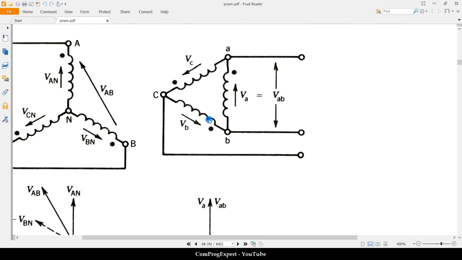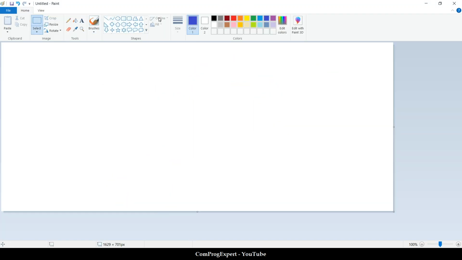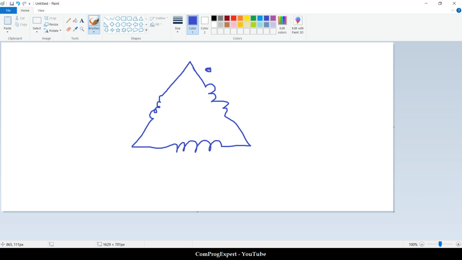You know this concept. If we have this delta connection, these three coils, the dot points are important. This is VA in this direction, VB, and VC.